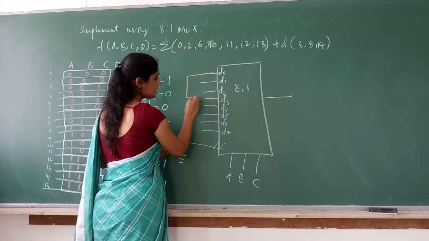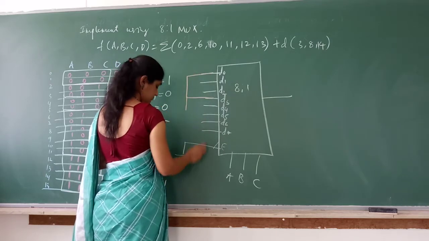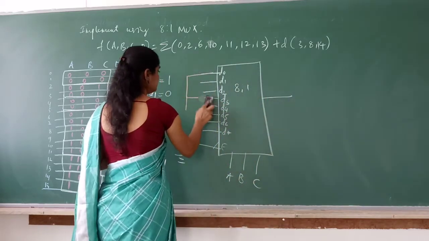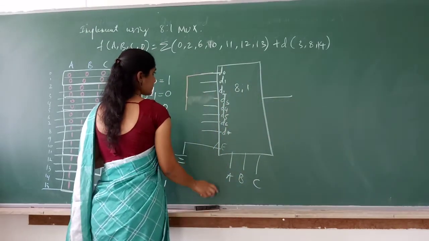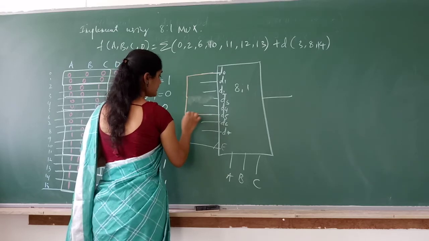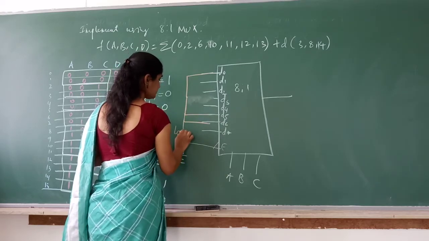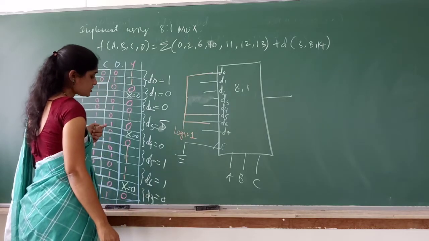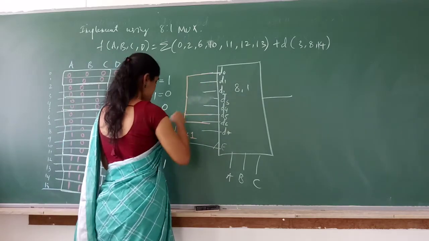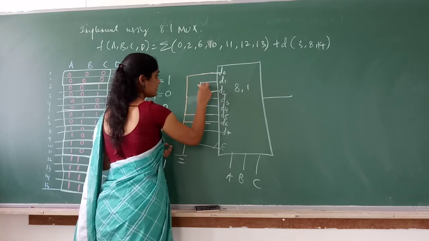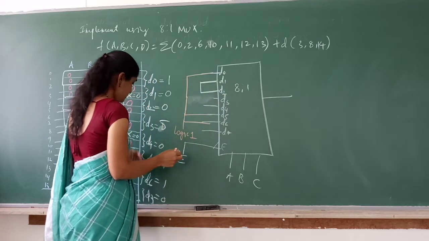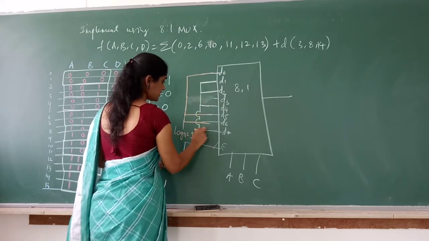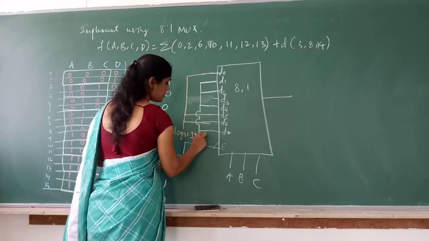D0, D5, D6, logic 1. Right? D1, D2, D4, D7, logic 0.